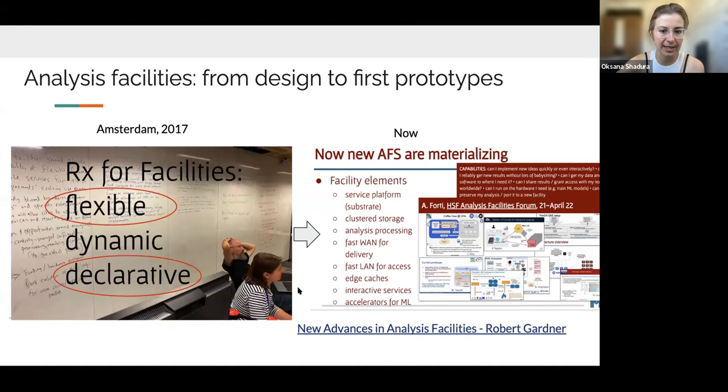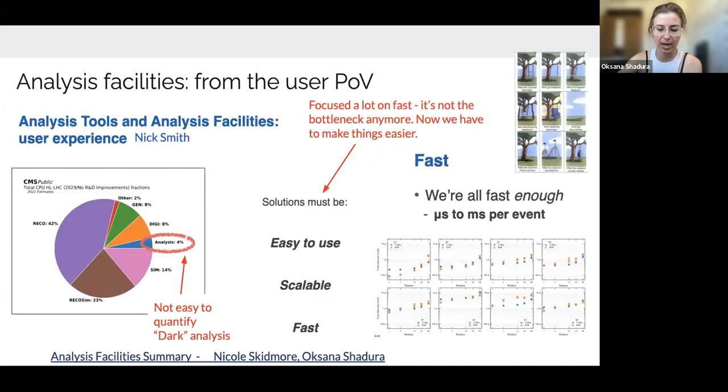About defining a service platform, having clustered storage, what analysis processing will look like, having faster WAN and faster LAN for data delivery and access, exploring caches, how we will resolve the situation with interactive services, and adding more accelerators for ML and integrating them there.